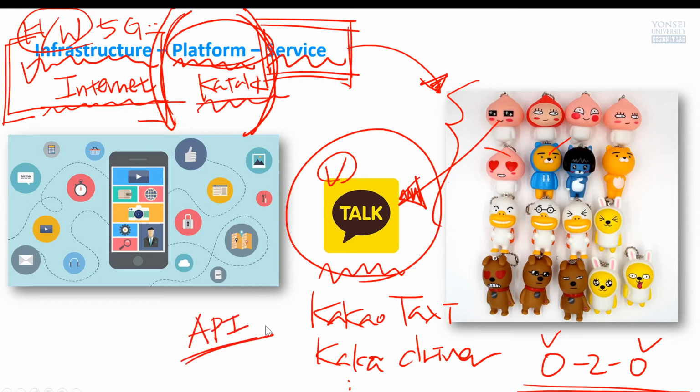At least they provide us an application development environment, and then we can create our own services. Of course, most of those services are given by the platform providers or infrastructure providers, but this part is totally open to the public.